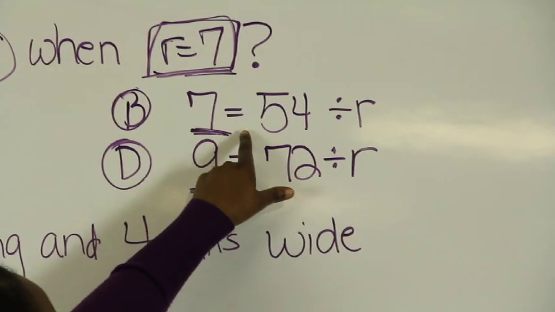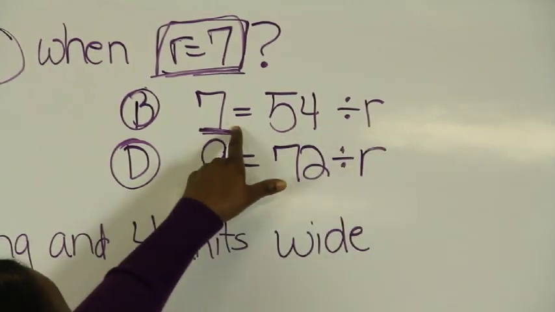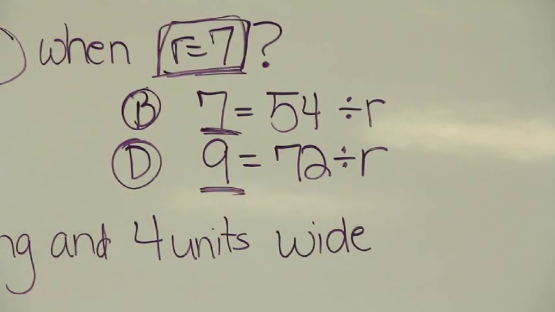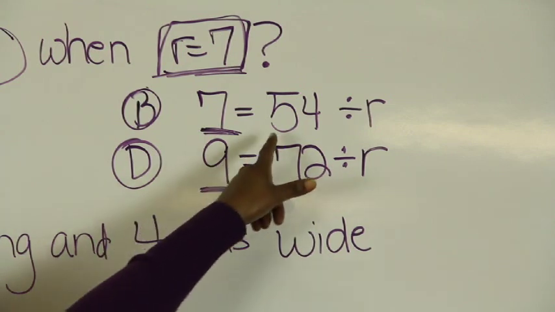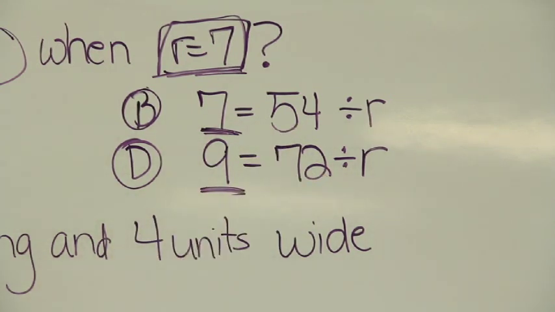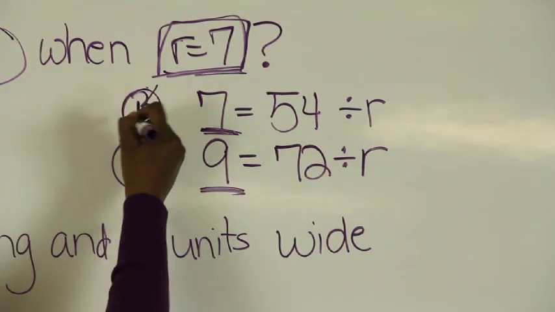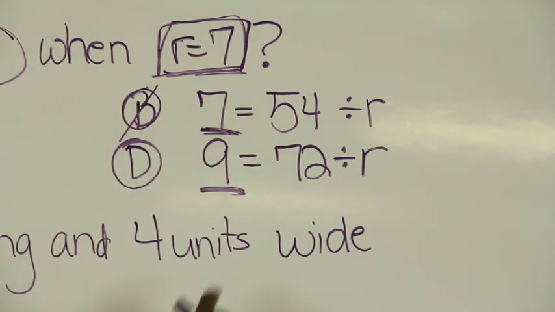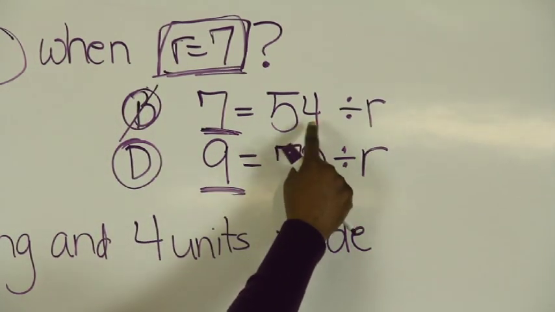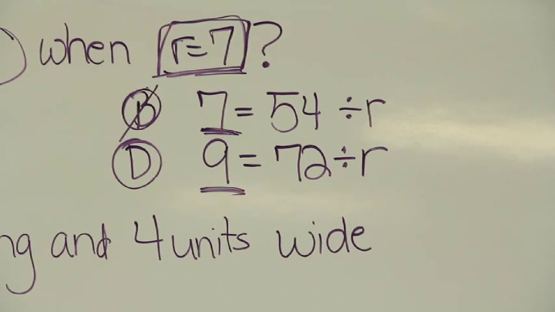Does 7 and 7 equal 54? 7 times 7 is what? 7 times 7 is 49. It's not 54, so we would mark that one out. Or if you decided to say 54 divided by 7, you wouldn't get 7 as the answer.